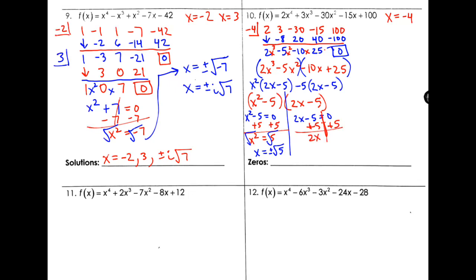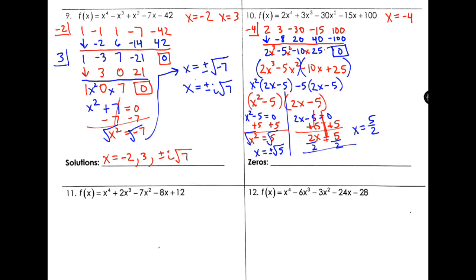That's 2x is equal to 5. And divide by 2. X is equal to 5 over 2. And so we have 2 zeros here, a plus and a minus radical 5. We got 5 over 2, and then we have negative 4, so that's all our zeros.